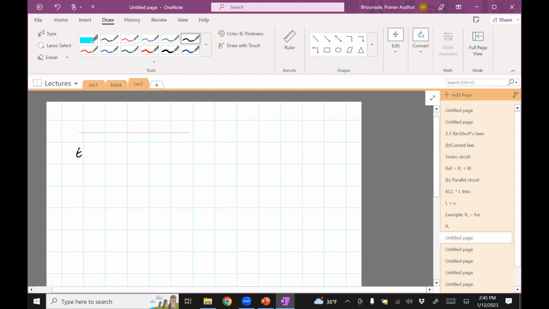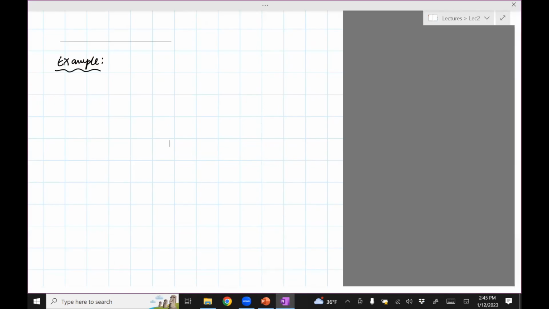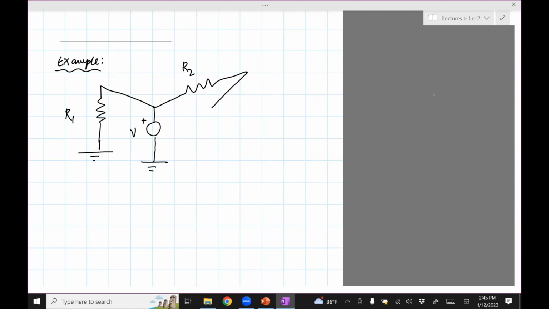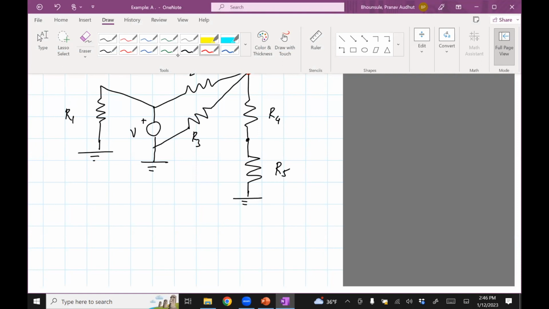Okay, so here's another example. R2, R3, R4, R5, node A. We give you the values for these.